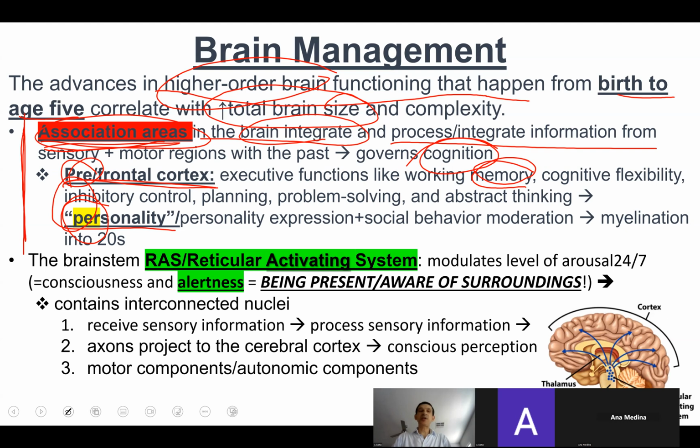What's really interesting is that this area does not develop very early on, and its axon myelination, as I showed you earlier, actually goes into the late 20s. So this is the area responsible for who we are, personality, social behavior, etc.